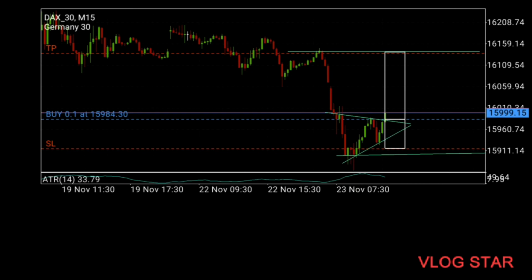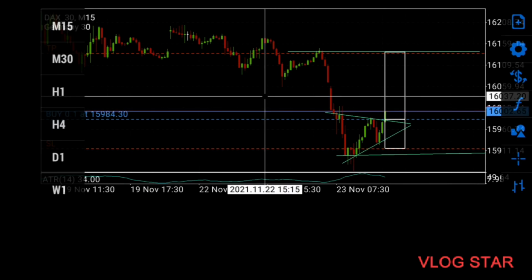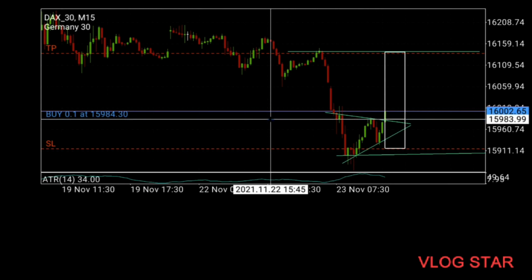Use your ATR to guide you. As you can see down there, each and every candle moves 33 pips, hence I'm putting 66 pips for my stop loss, because I know it's two times the candle.